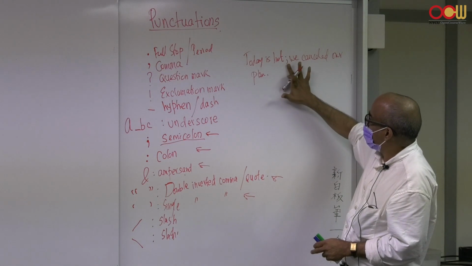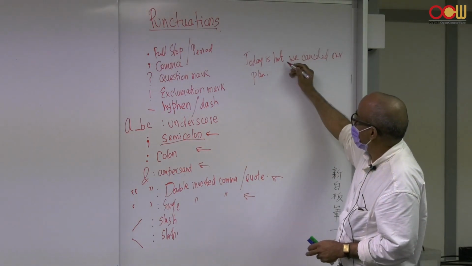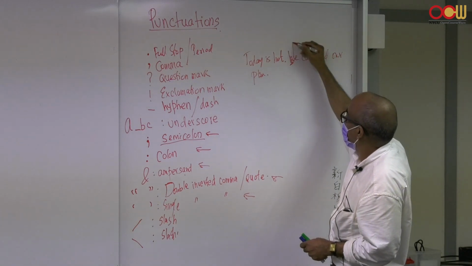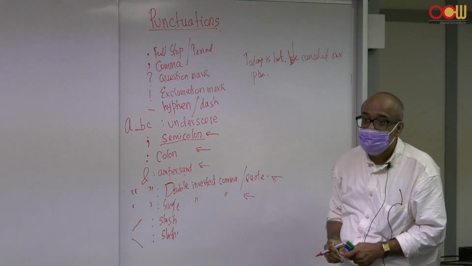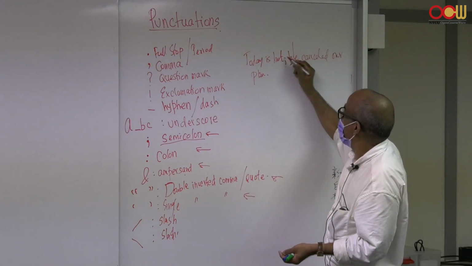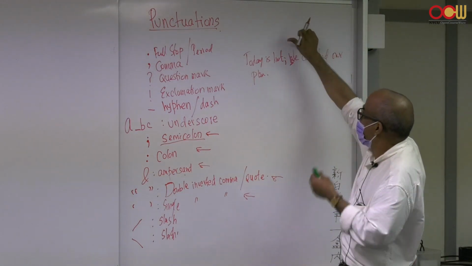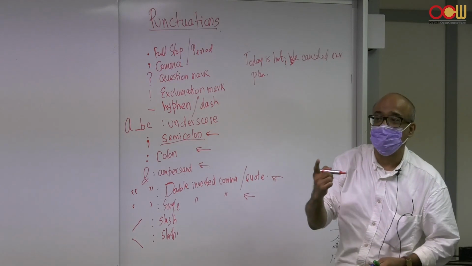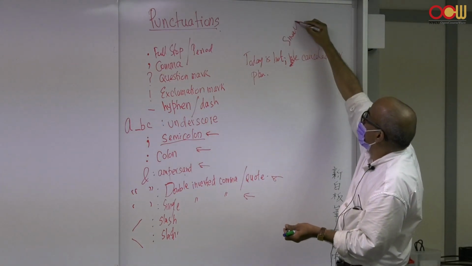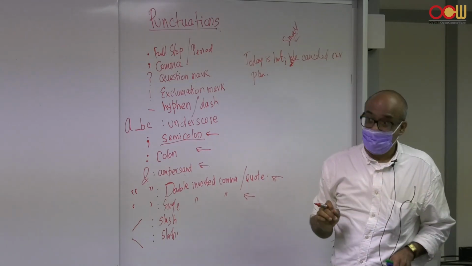I could have just put a full stop and made that W capital. That's much easier. However, you can also do it this way. So the difference between a full stop and a semicolon is that after a semicolon you can use a small letter. After a full stop you have to use a capital.